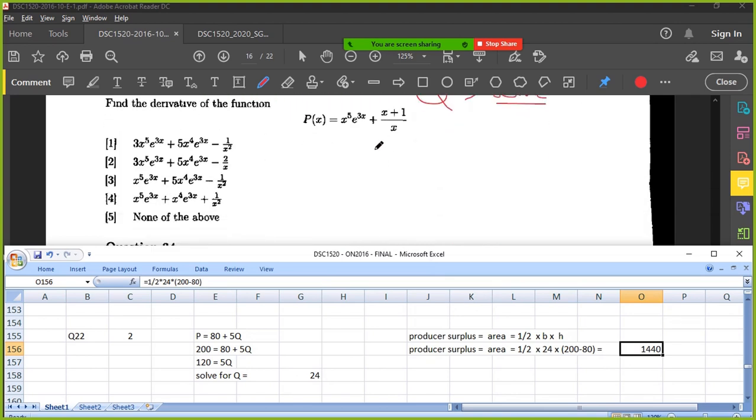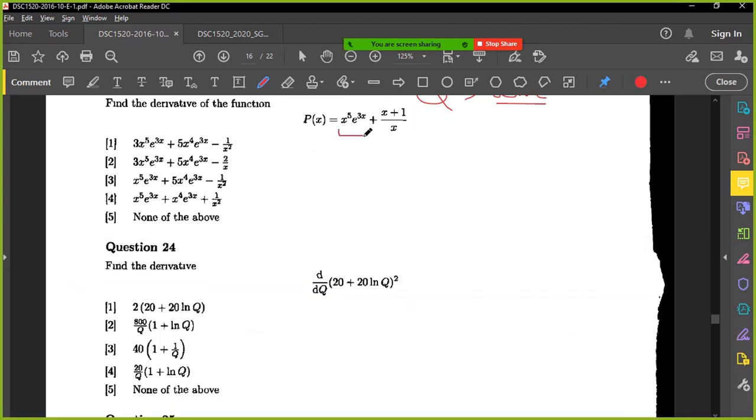All right, this one, derivatives. When you have this you need to obviously look at what rule? Find the derivative of the function. You have to use those rules, hey?